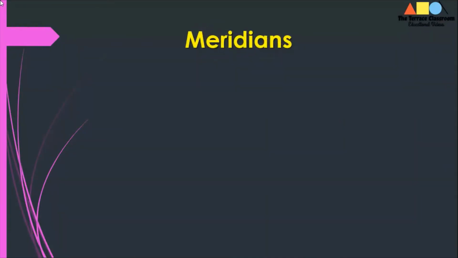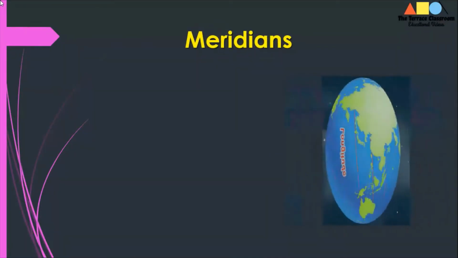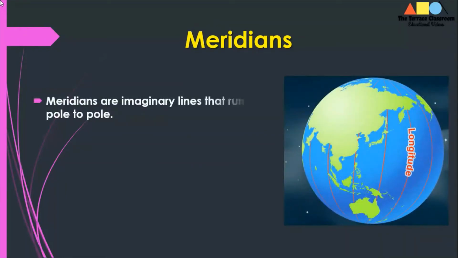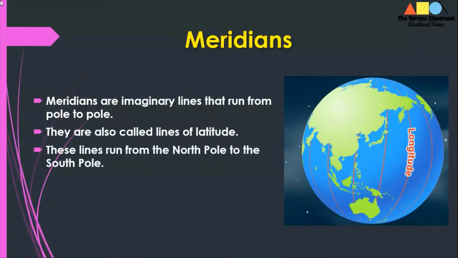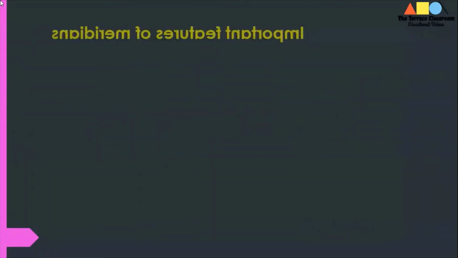Now let us learn what are meridians. Meridians are imaginary lines that run from pole to pole. They are also called lines of longitude. These lines run from the North Pole to the South Pole. So now comes the important features of meridians.